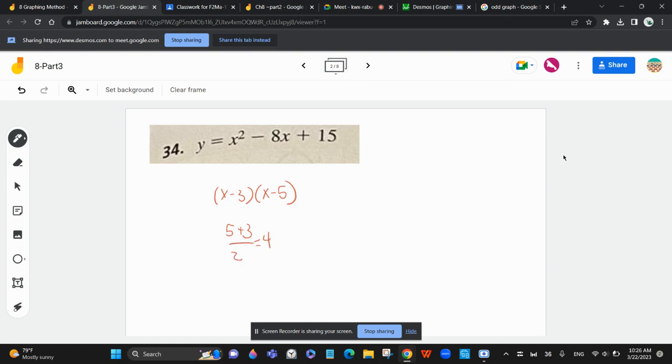Yeah, so the axis is 4. If you plug in the 4 into this, yeah, but it's okay, you get the same. So you get -1. So let me copy paste this.